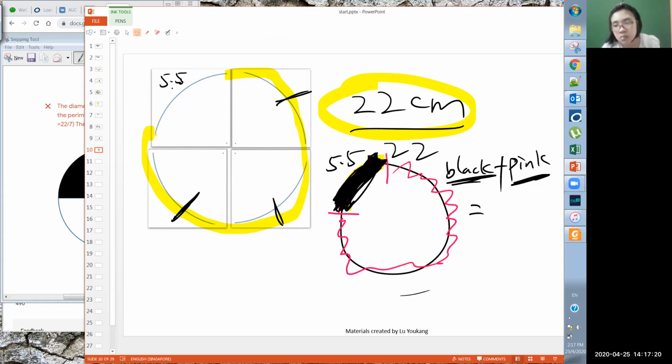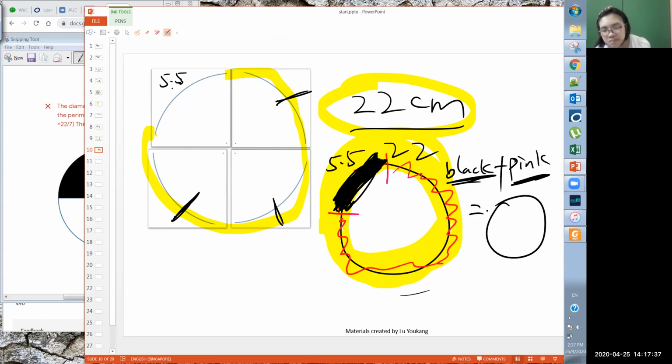What is this thing? Why are you talking? Why do you tilt your head so much? What is this thing? The circle. Yes, the black and the pink will give you the entire circle, right? What is in your mind? Isn't it very clear?